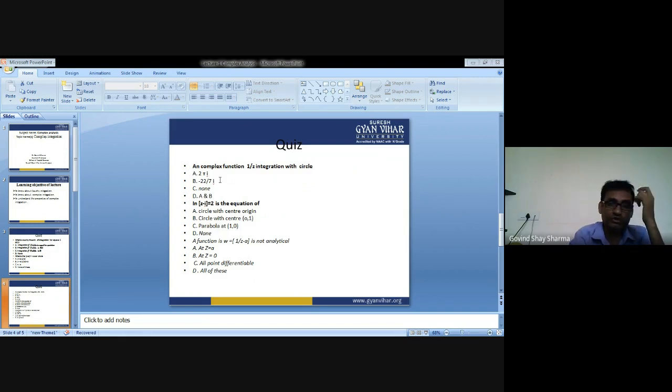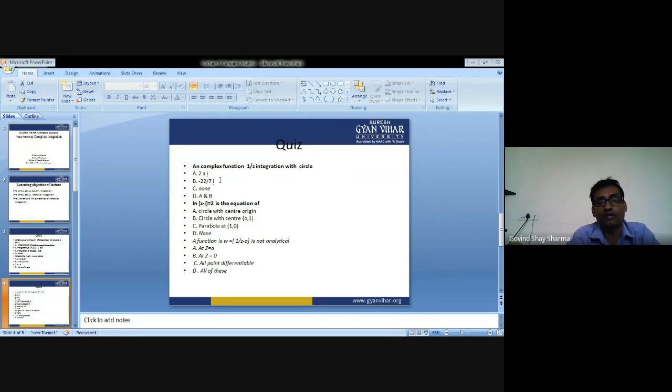So the value of this complex integral of 1/z is 2πi, and the right option is 2πi.